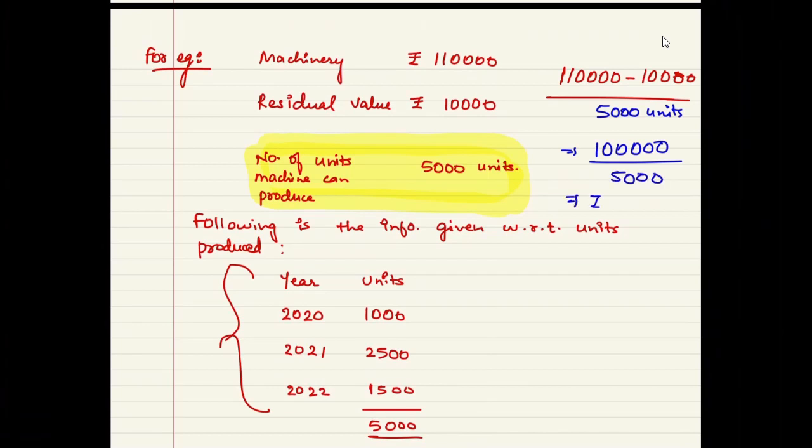It would be rupees 20 per unit. So if the company has produced 1 unit, then 20 rupees should be charged as the depreciation. So what I have calculated is the depreciation per unit.